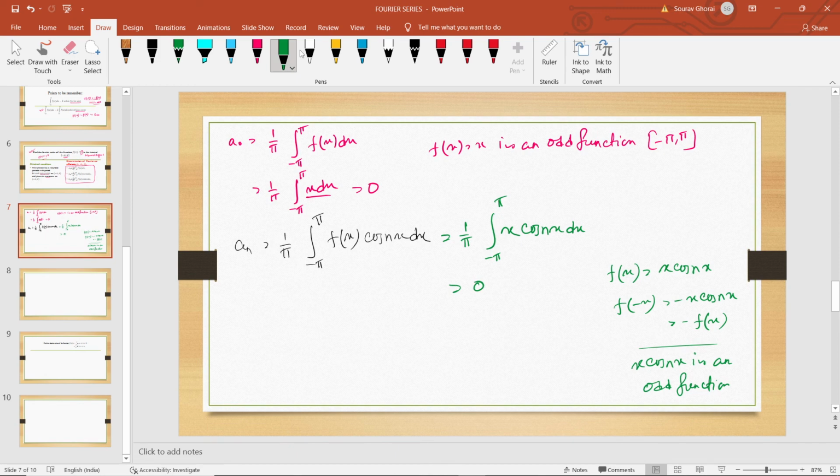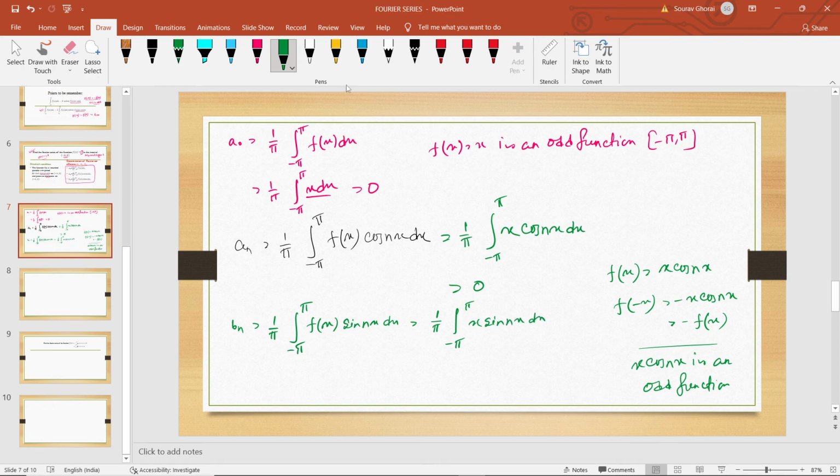So in the next we have to find the bn. So how can we find the bn? bn is equal to 1 by pi minus pi to pi f of x sin nx dx. So from here we get 1 by pi minus pi to pi x sin nx dx.